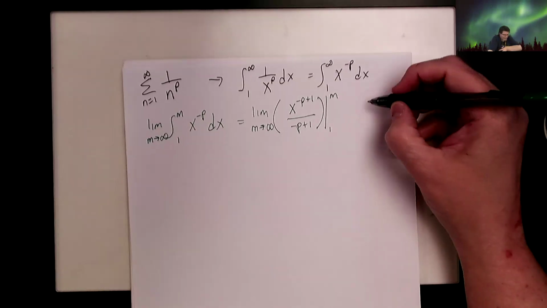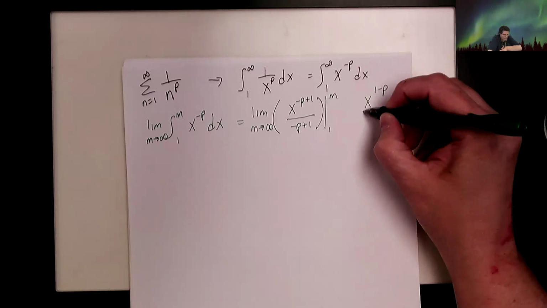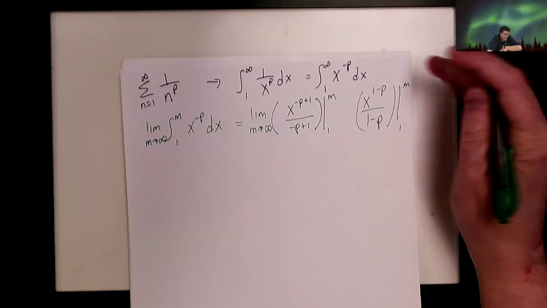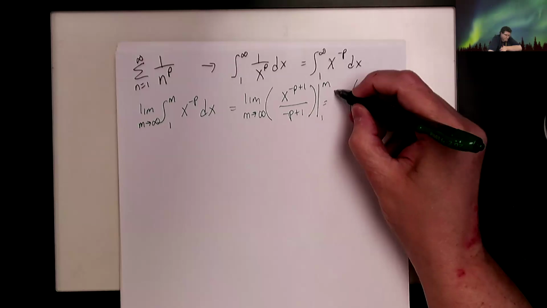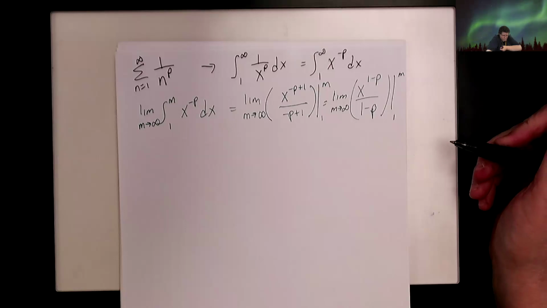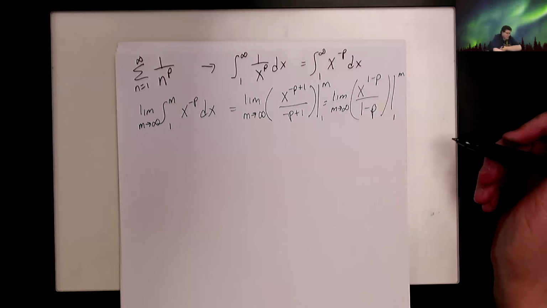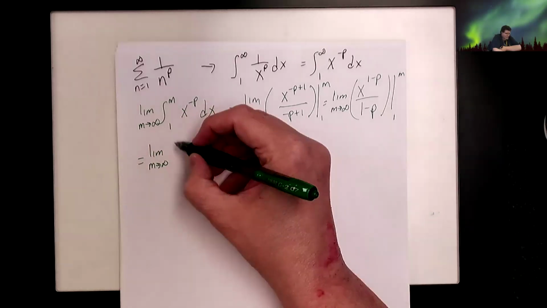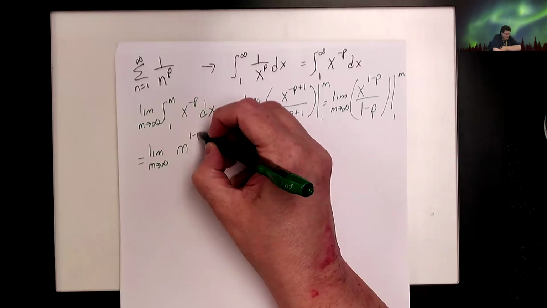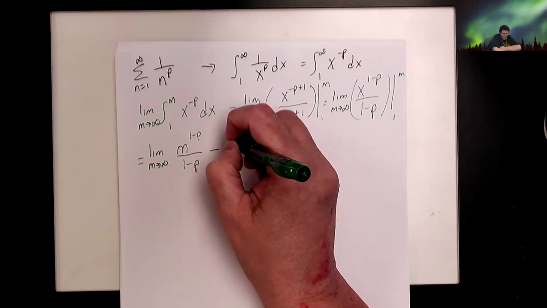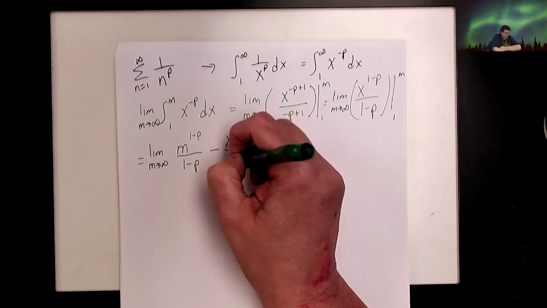This might look easier as x to the 1 minus p over 1 minus p. I just rearranged them. So I've got the limit as m goes to infinity of m to the 1 minus p over 1 minus p, minus 1 to the 0 over 1, which is minus 1.